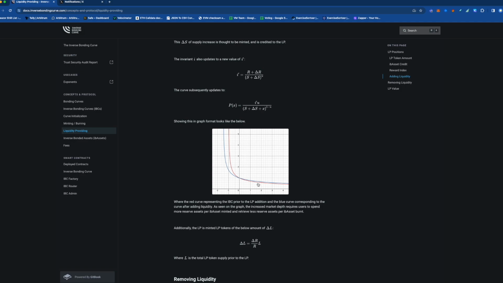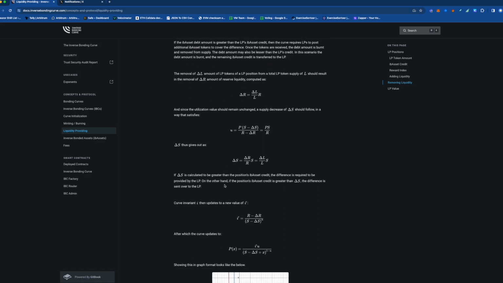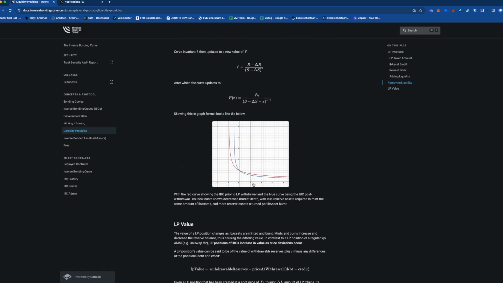Okay, so I'll reiterate this in one sentence. When you add liquidity, you increase the cost of minting, but you decrease the return on burning. And obviously the opposite is true when you remove liquidity: you decrease the cost to mint, so you make it cheaper to mint, and you also increase the ROI for people to burn.